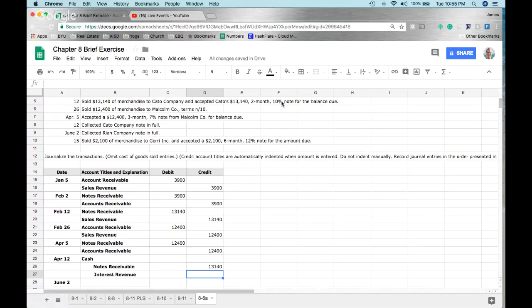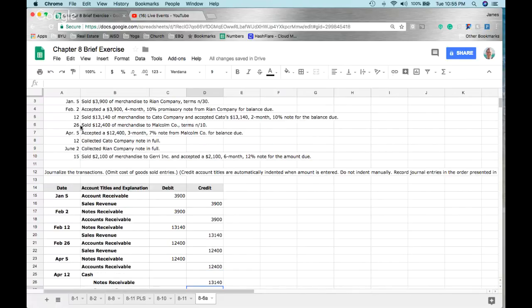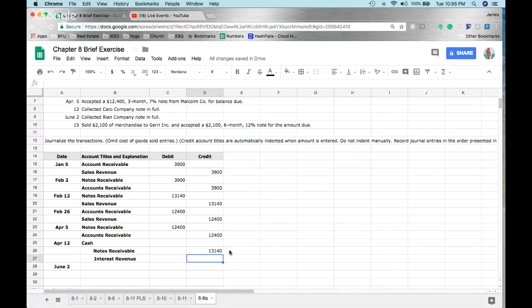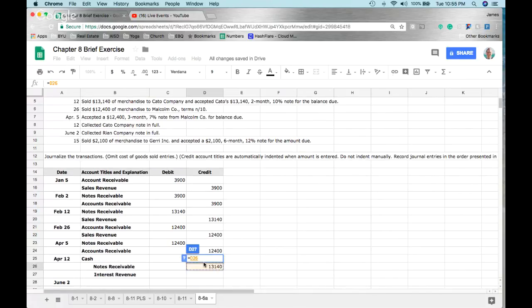be a 2-month 10% note, and they paid us in 2 months. So February to March, March to April, that's 2 months, 10%. So what we'll do is interest equals 10% times 13,140 times 10% times 2 months.